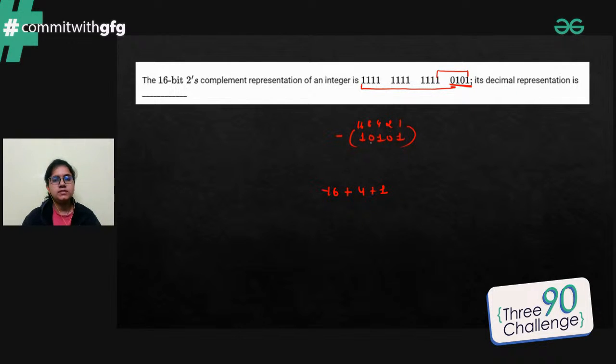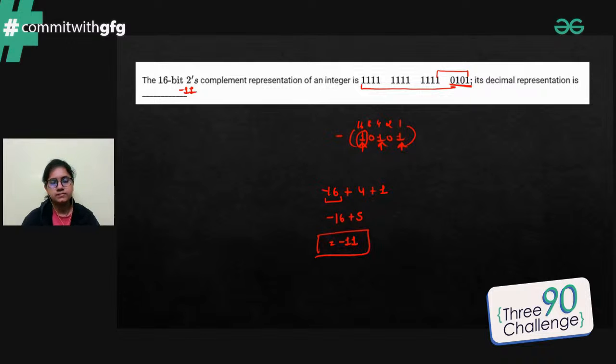No, it's not a mistake. This one we consider as minus 16, this as 4, and this as 1. So minus 16 plus 5 will be minus 11. So the answer is minus 11.